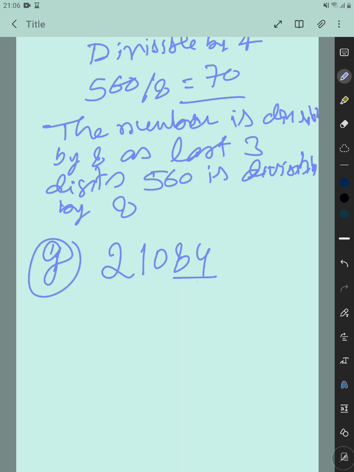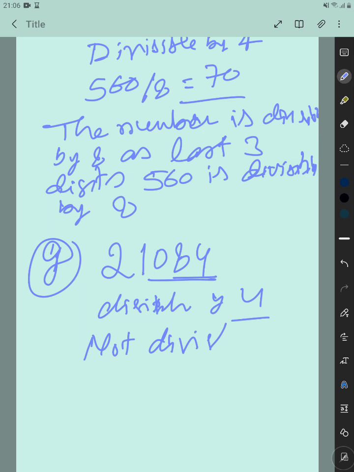So since these two digits are divisible by 4, so complete number is divisible by 4, okay. These three digits are not divisible by 8, so it is not divisible by 8, okay, fine.